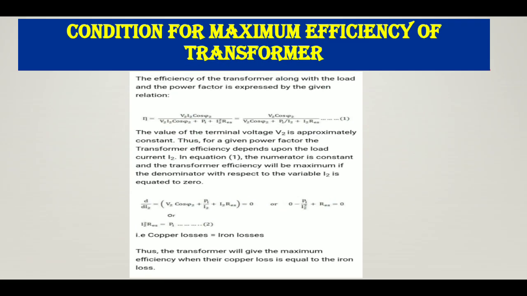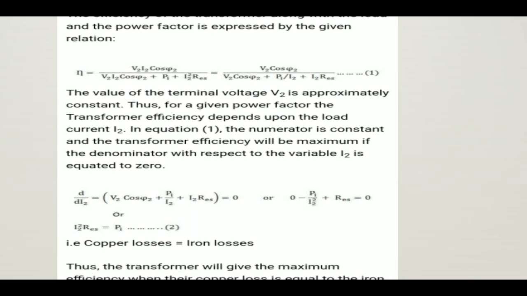We know that efficiency equals V2 I2 cos phi 2 by V2 I2 cos phi 2 plus Pi plus I2 square RES, that means the full load copper loss, or PC. So it equals V2 cos phi 2 by V2 cos phi 2 plus Pi by I2 into RES.